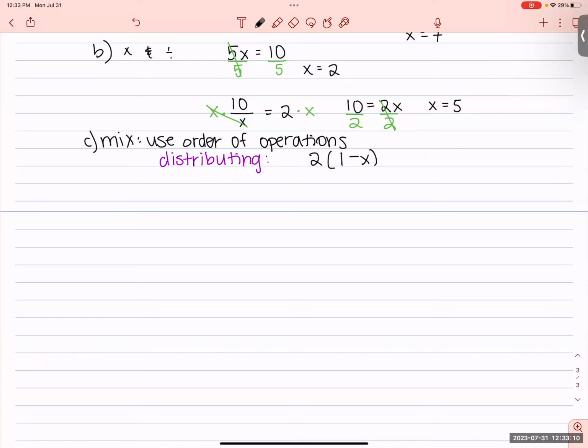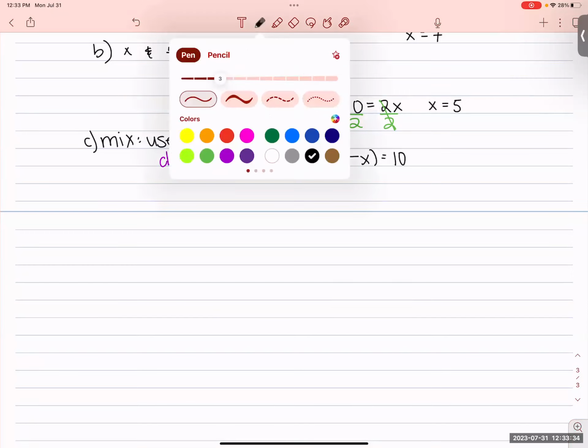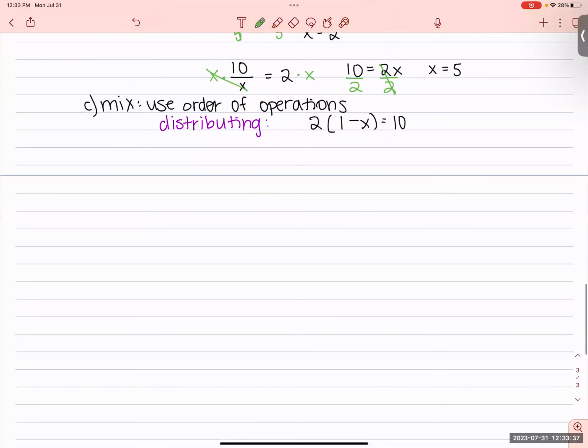If this is equal to something, if this is equal to 10 or whatever, we can definitely solve this in different ways. What I find that a lot of students who are uncomfortable with algebra get messed up on is trying to do it without distributing. So let's just look at, how do you distribute? To distribute, you're going to take the outside and multiply it to the first number inside. So we're going to say 2 times 1 is 2.